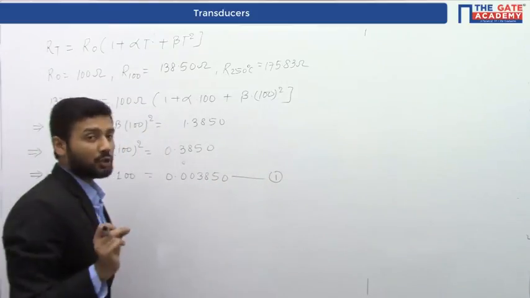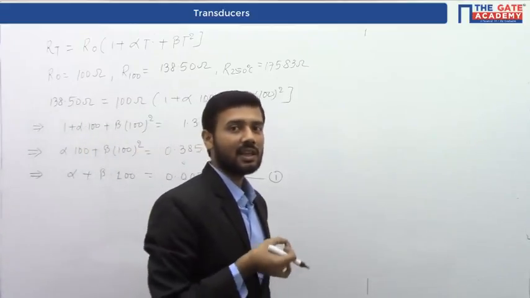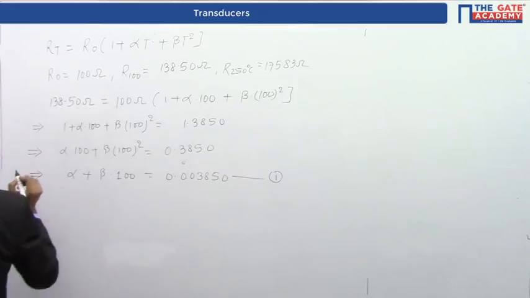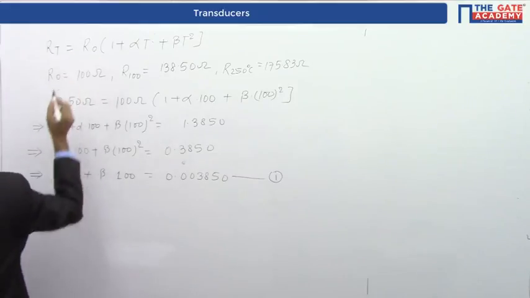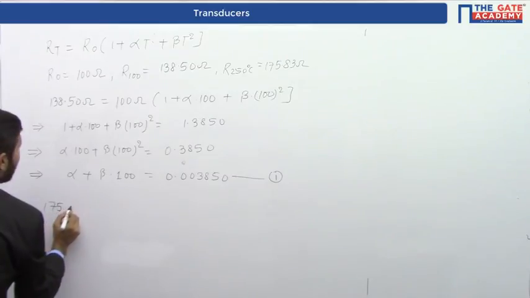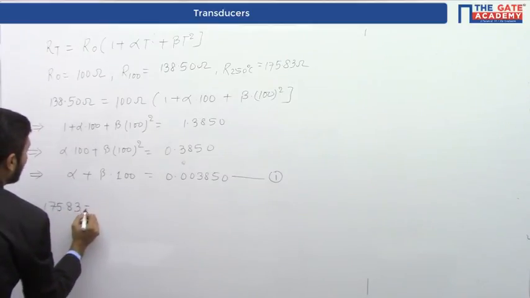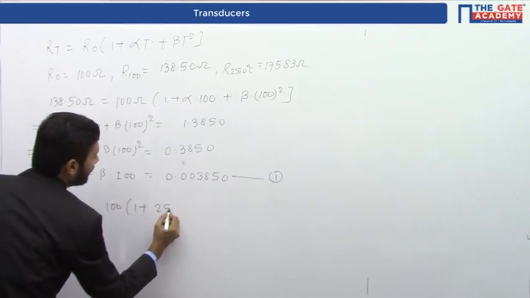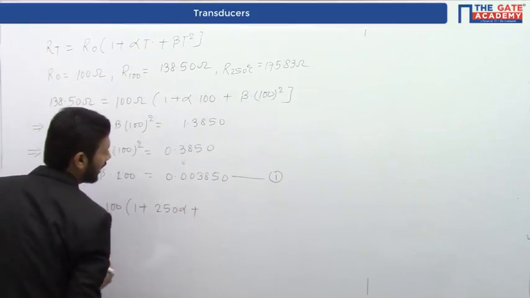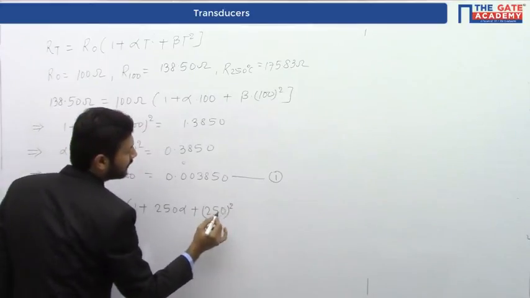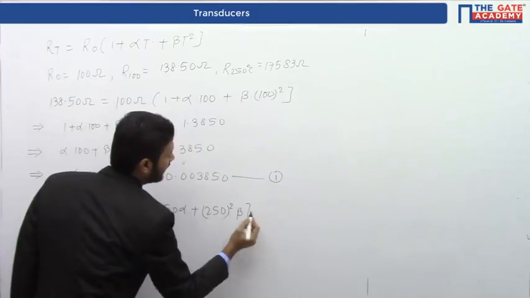Now we are going to put T equals 250 degrees C in our given relation. So 175.83 equals 100 into 1 plus 250 into alpha plus 250 square into beta.